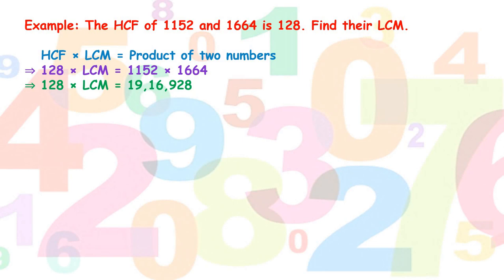Now we will divide this product by the HCF to get the LCM. So we will divide it, and we will get 14,976. So this is the LCM of these two numbers.